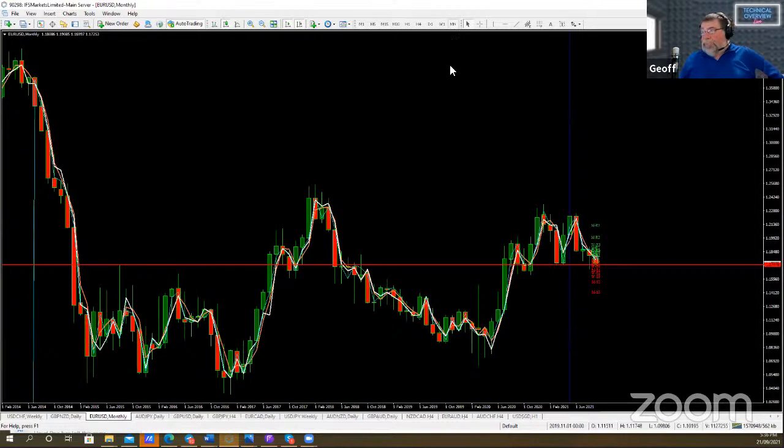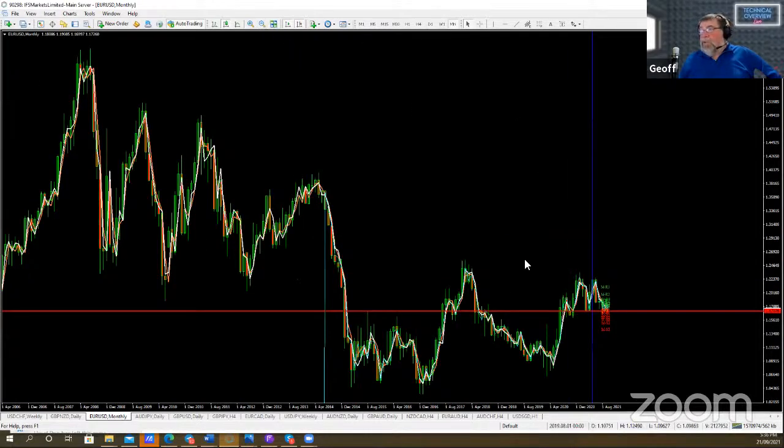I already know pretty much what I need to know from a bigger picture point of view. And this is telling me multiple things, but the current thing it's telling me is that it's bouncing off support, which was former resistance. So that's the monthly chart that we're looking at, of course.